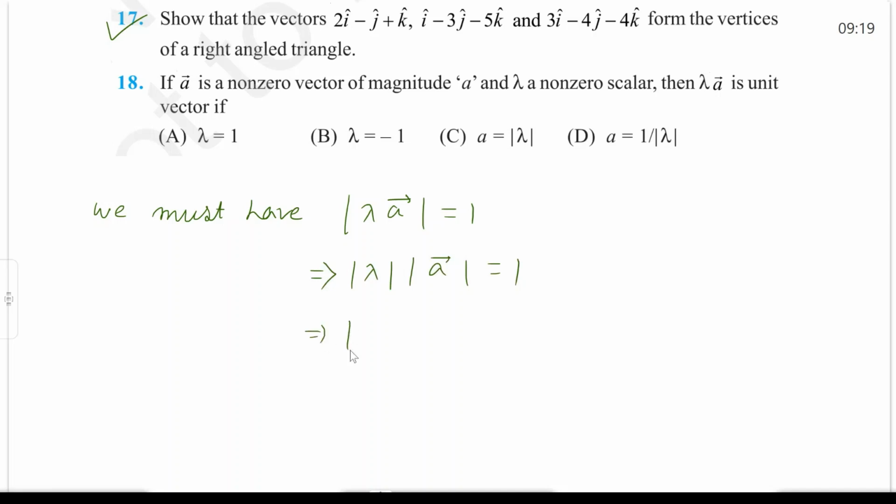But modulus of lambda remains the same, it is an unknown scalar, and modulus of A bar is given as A, this is magnitude A. So we write simply A is equal to 1 over modulus of lambda, and this is option number D.